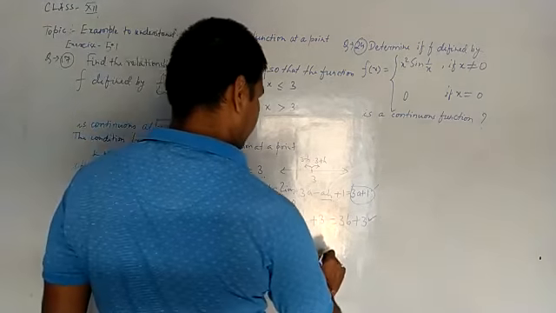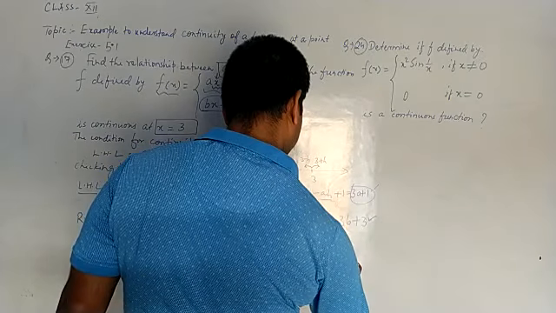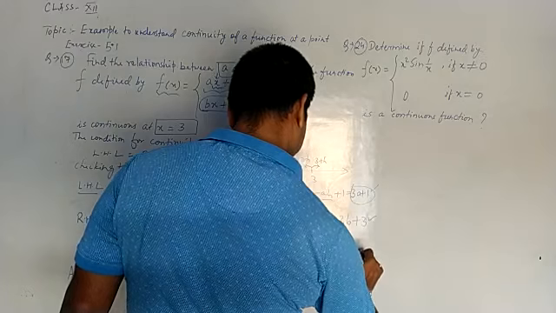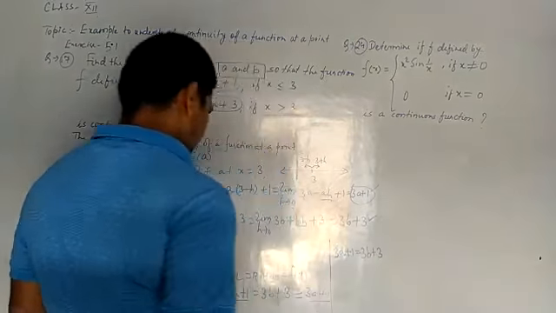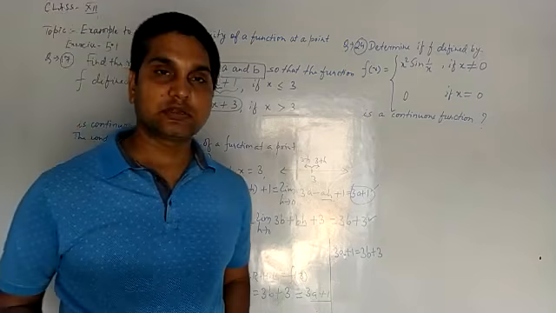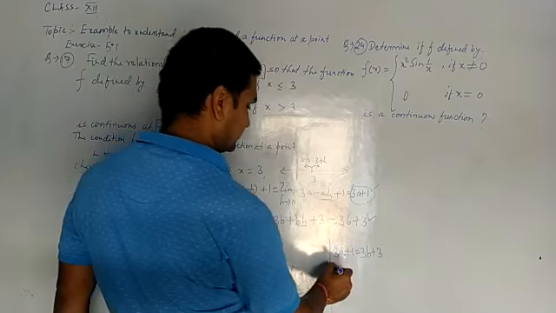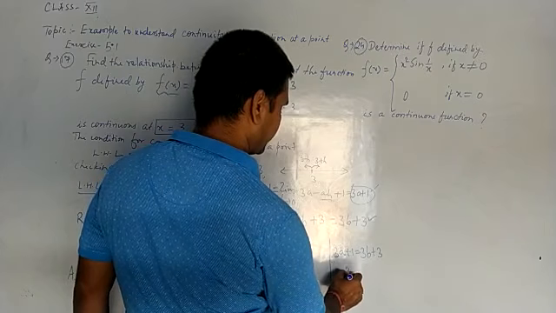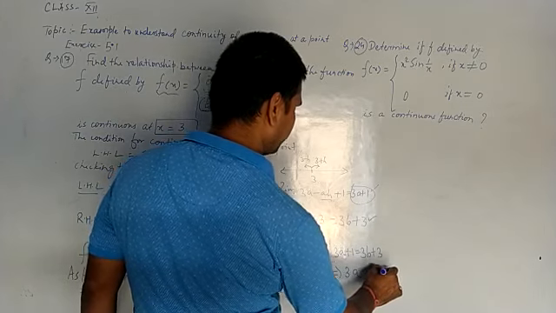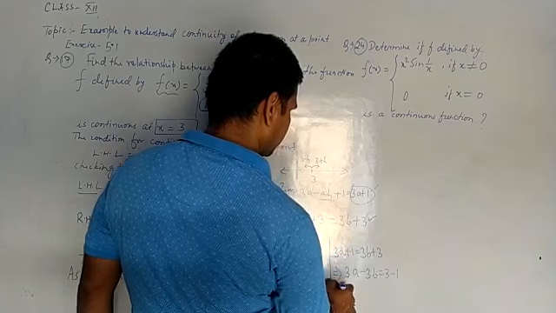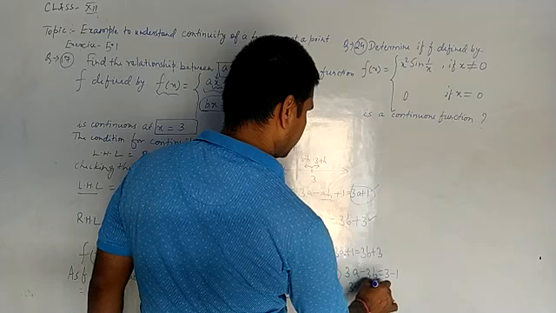So we need to equalize 3a plus 1 with 3b plus 3. What we need to do? Therefore 3a plus 1 is equal to 3b plus 3. So look carefully what should be done. 3a minus 3b is equal to 3 minus 1, so 3a minus 3b is equal to 2.